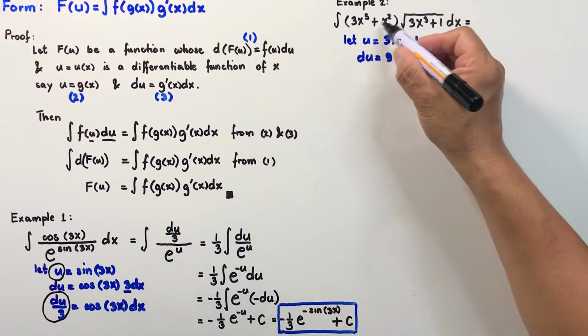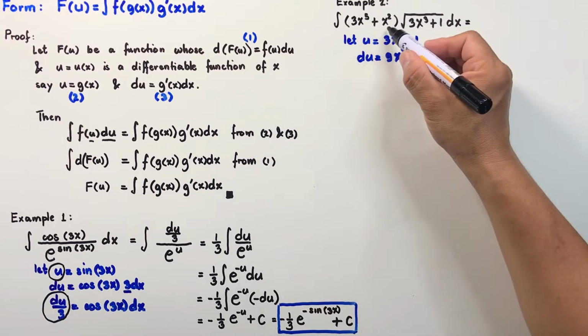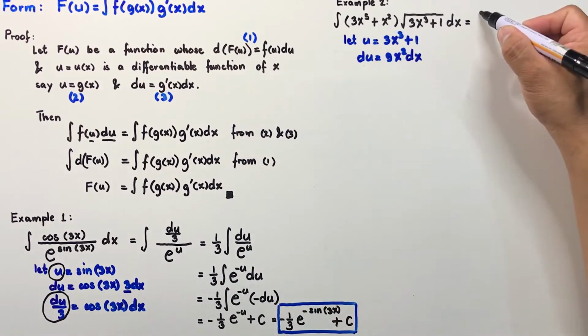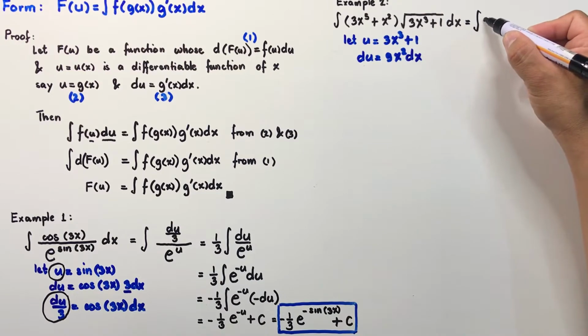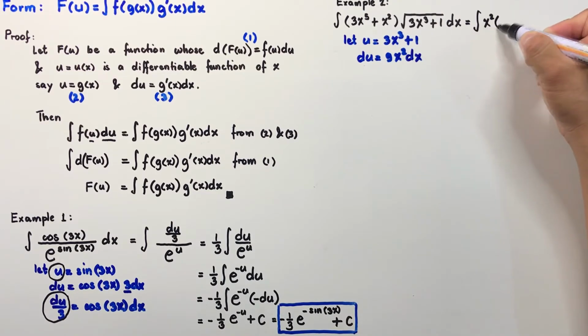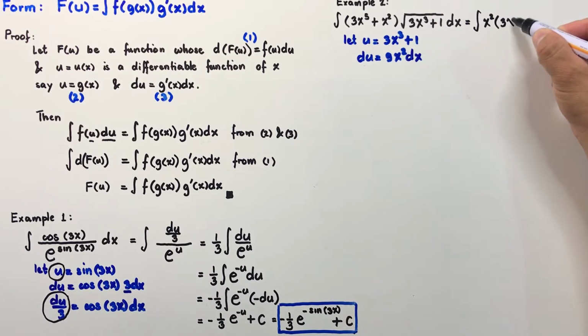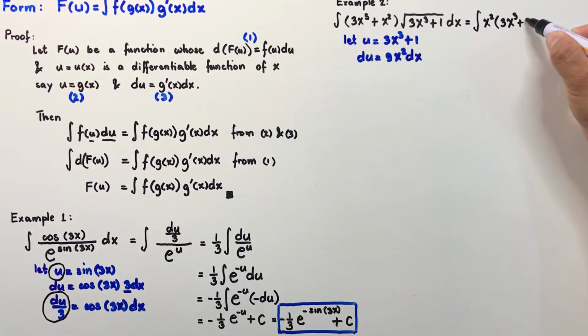However, if you factor out the common factor in this binomial, we have a common factor of x squared. So this is x squared times 3x cubed plus 1. And this is multiplied by this square root of 3x cubed plus 1 dx.